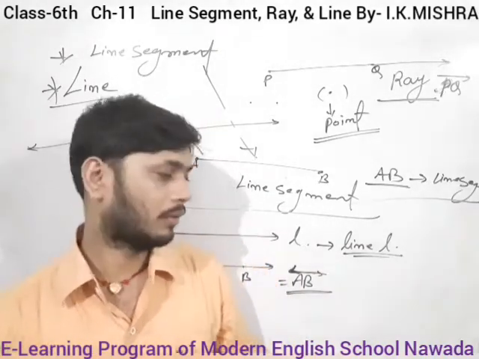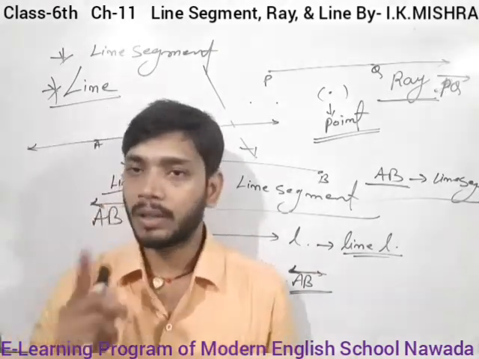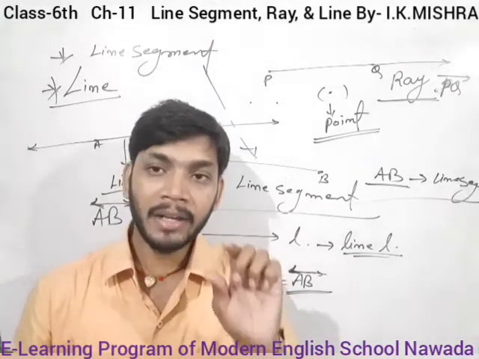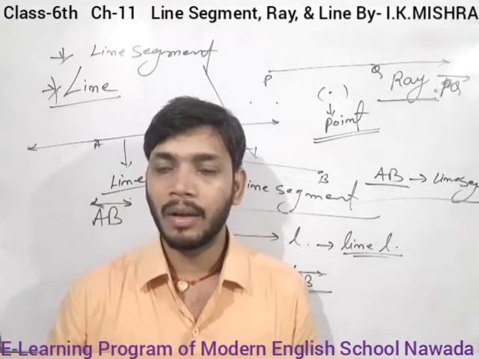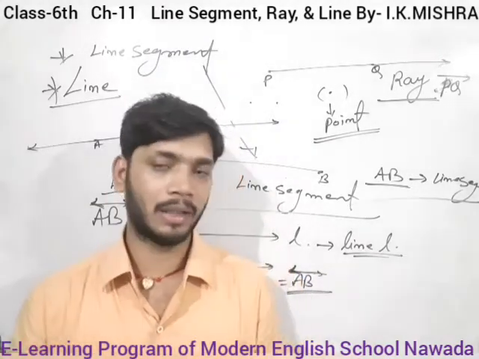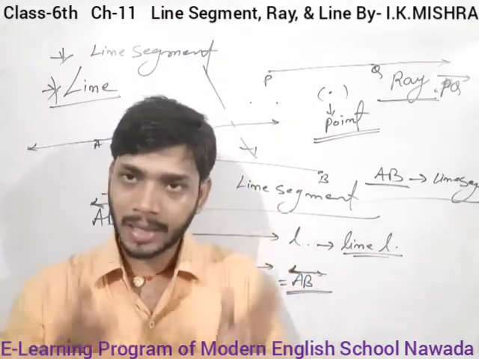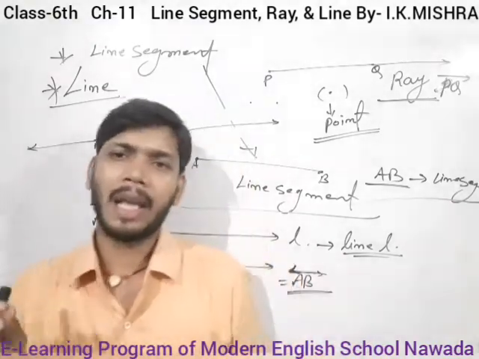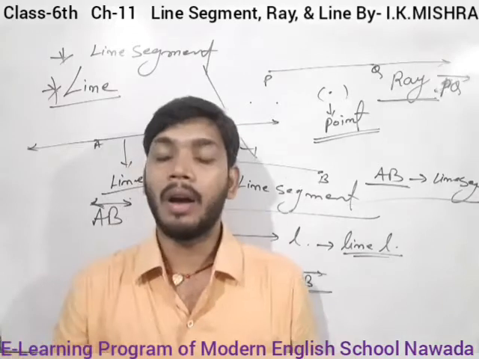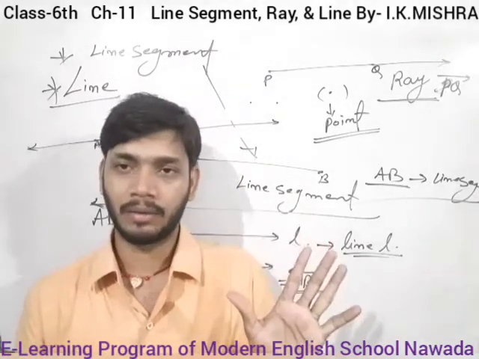Here, when we know all of these terms, after that know intersecting lines. What do you mean by intersecting lines? Two or more lines which have a common point.